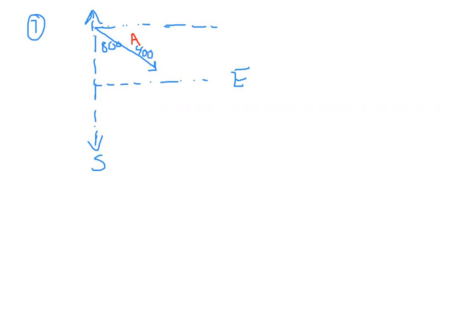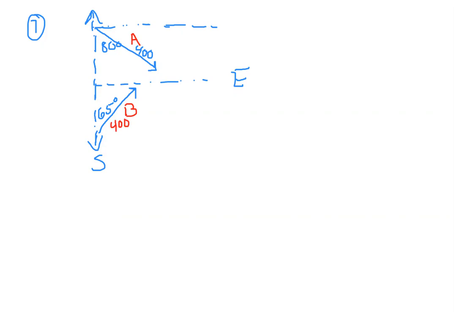Then tugboat B is going north 65 east, so now it's going this direction, northeast, and this angle right here is 65. Each of these is kind of like one little quadrant. This is tugboat B down here, and it also is 400. So let's start with tugboat A up here.